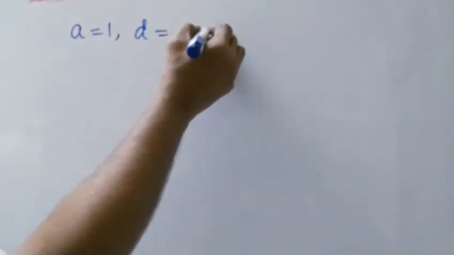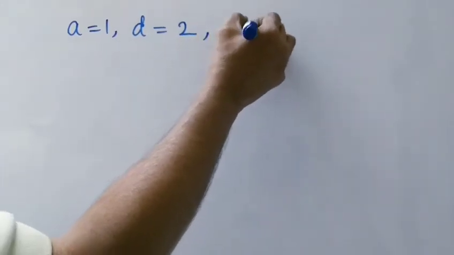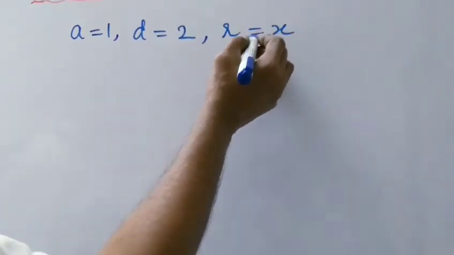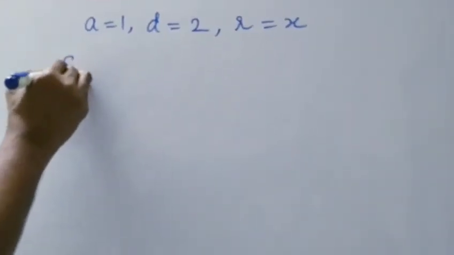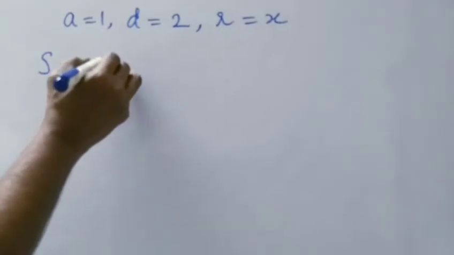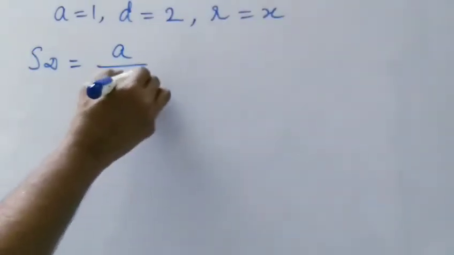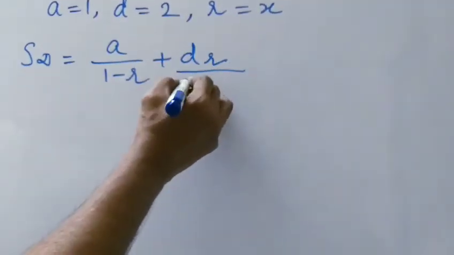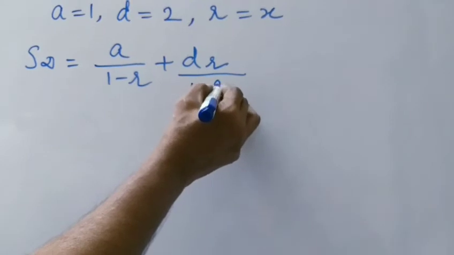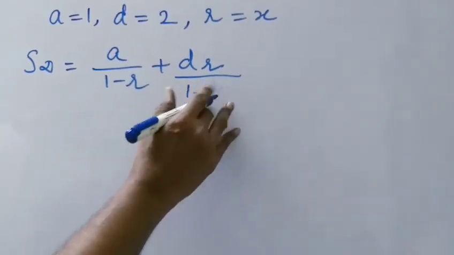Just now we got a equal to 1, common difference d equal to 2 and common ratio r equal to x. The sum to infinity S infinity is equal to a by 1 minus r plus dr by (1 minus r) whole square.